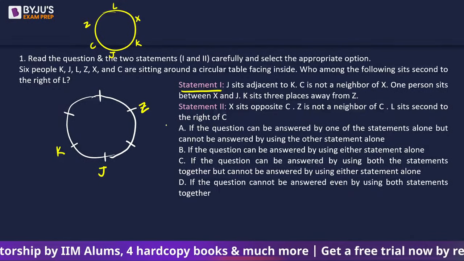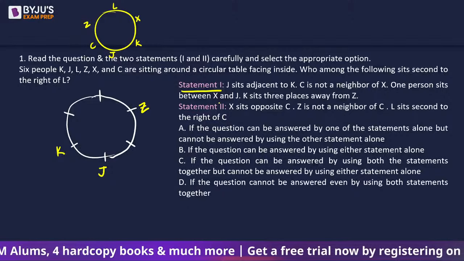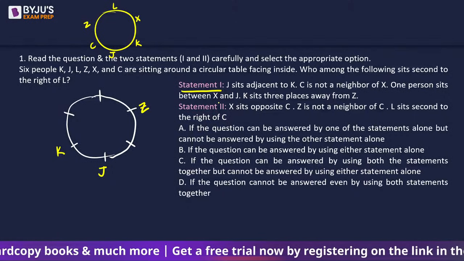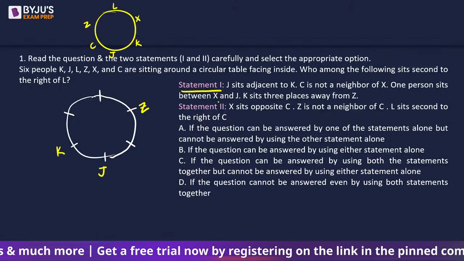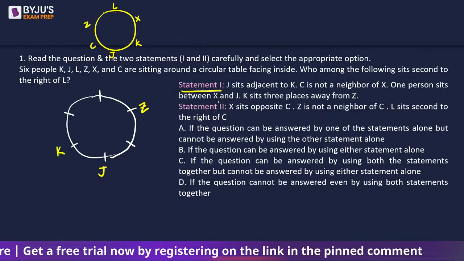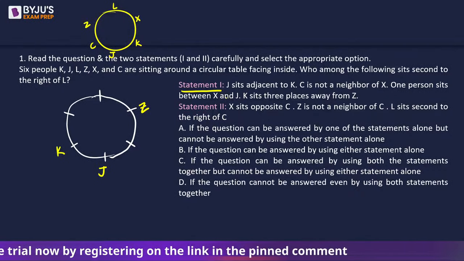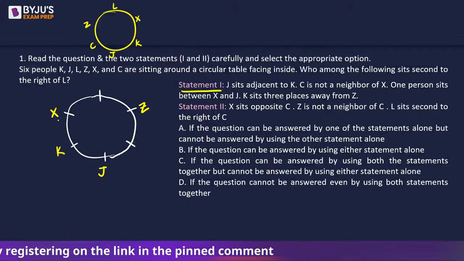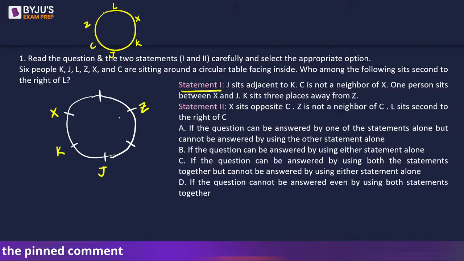on the opposite. Then one person sits between X and Z, sorry, X and J. So X has to be here. Then it is given that C is not a neighbor of X, so C sits here. So obviously L will go here.